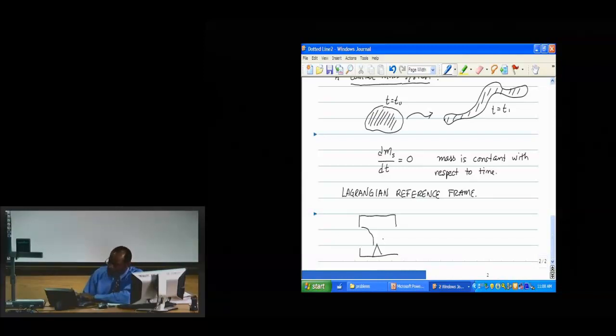So when we focus on a particular region of space, we call that an Eulerian representation.